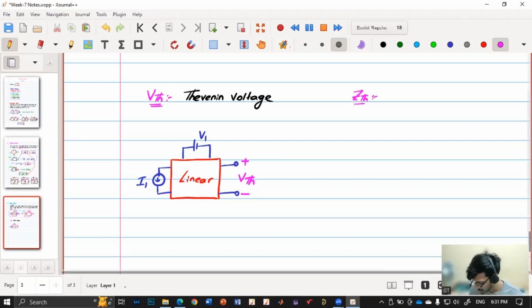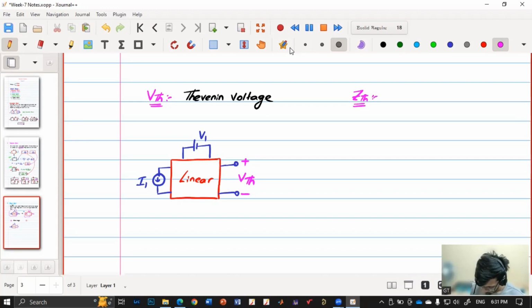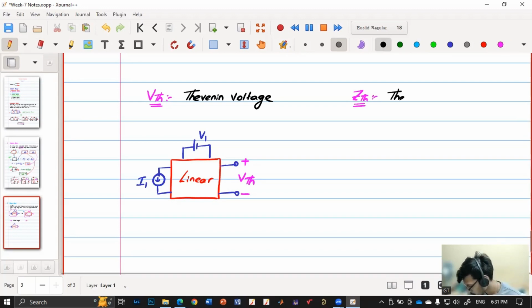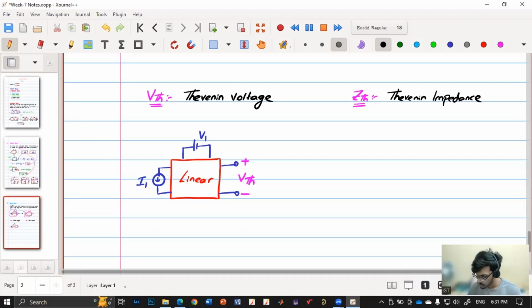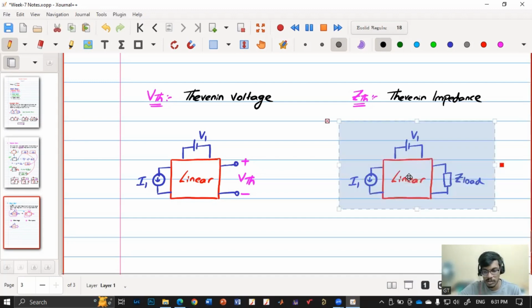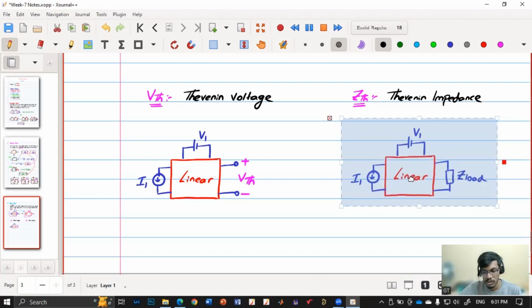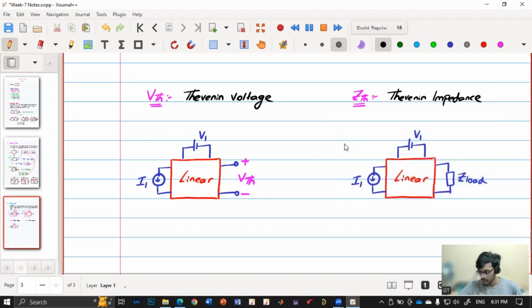And ZTH is the Thevenin impedance. How do we find it? I'll just copy paste this circuit. For Thevenin impedance, again we first disconnect the load and keep it open.